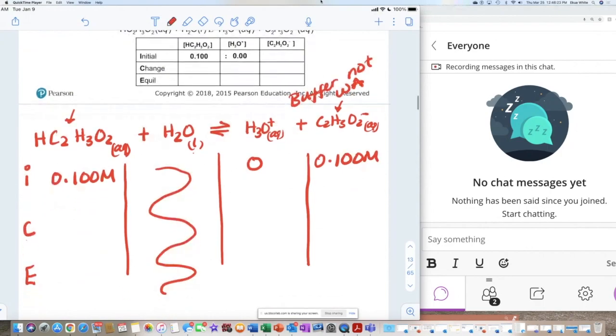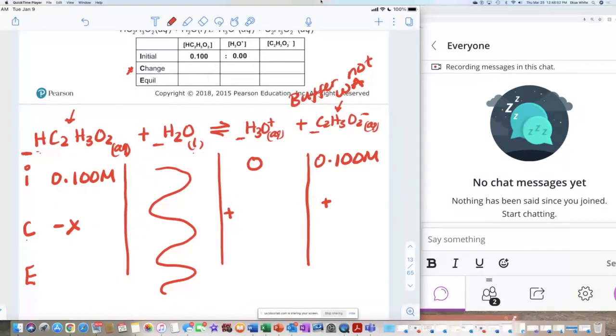You will write change in terms of x for this part here. Go back to the stoichiometry. In this balanced equation, our coefficients are 1 and 1 and 1 and 1. Remember, reactants decrease, so for the reactants, you write minus in the change. For products, you put positive, in terms of x. So for the reactant, just say x amount reacts. We don't know what it is yet. We'll figure it out.